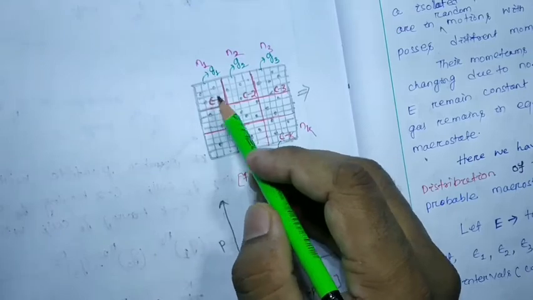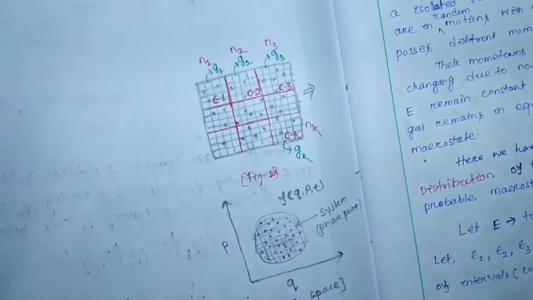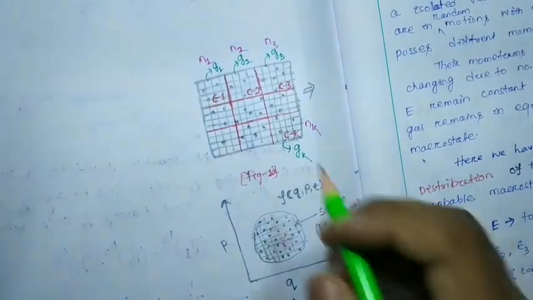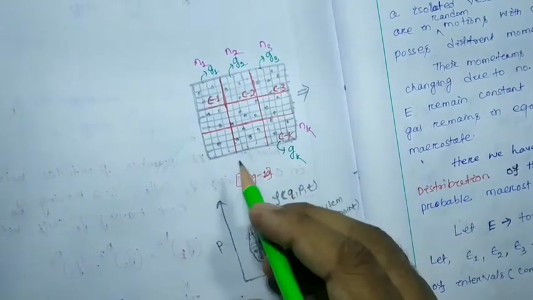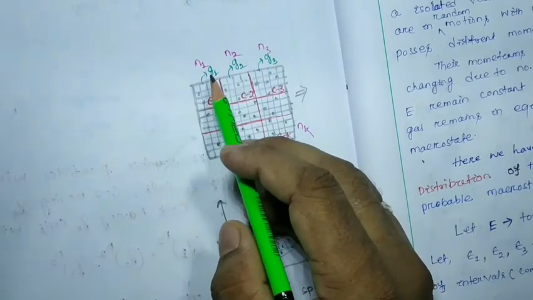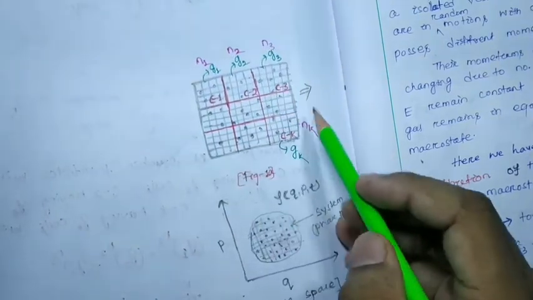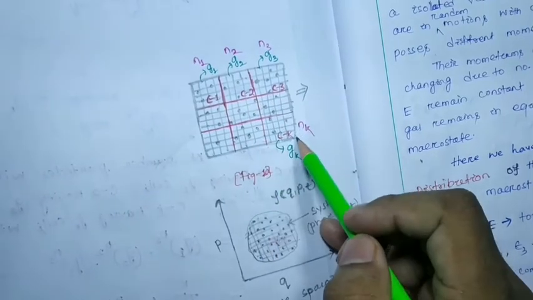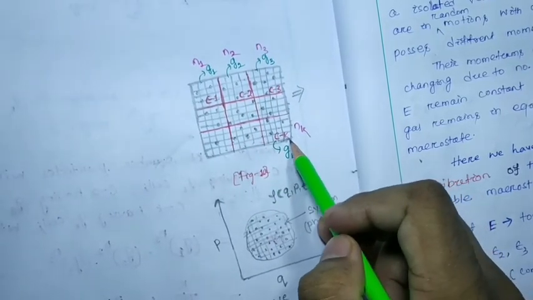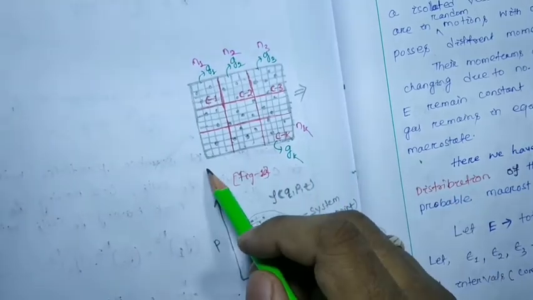Then we have to find out the so-called energy distributions. Here n1, n2, n3 up to nk are the number of particles in compartments 1, 2, 3 up to k.